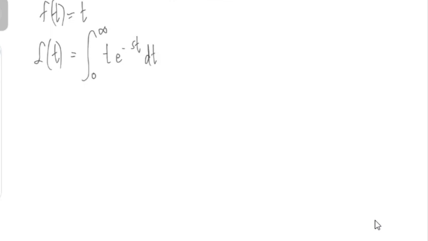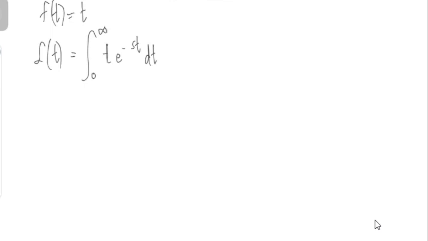Laplace transform of t. So this time, the function of t is equal to t to the 1. Therefore, the Laplace transform of t is what? From the formula, from 0 to infinity, we have t e to the negative st dt.